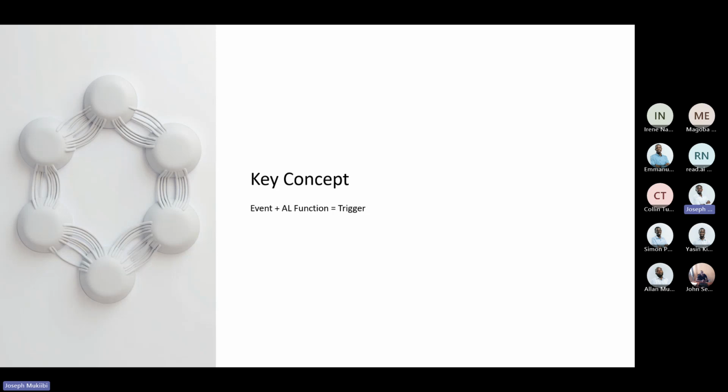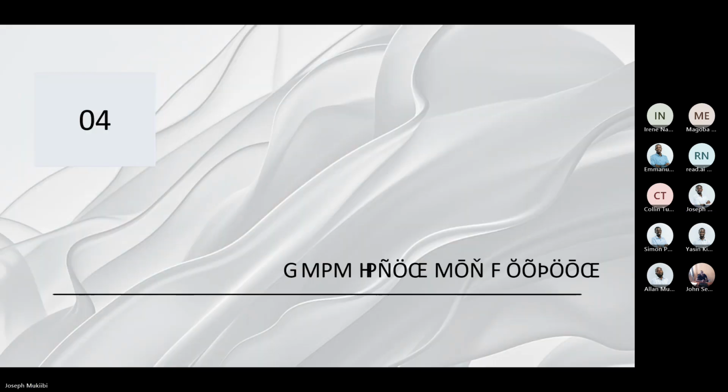So here the key concept: we have the trigger, which is an event, and then the AL function. We usually just write the logic in between there in the trigger, but it's also good to use a function that will run when the report runs.